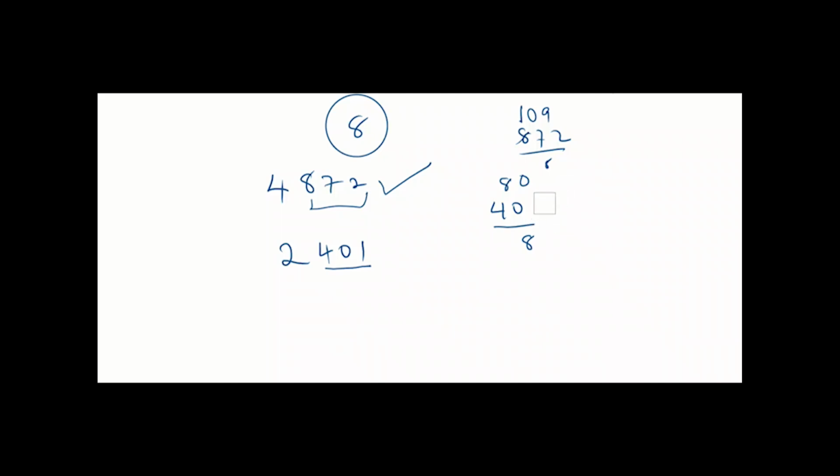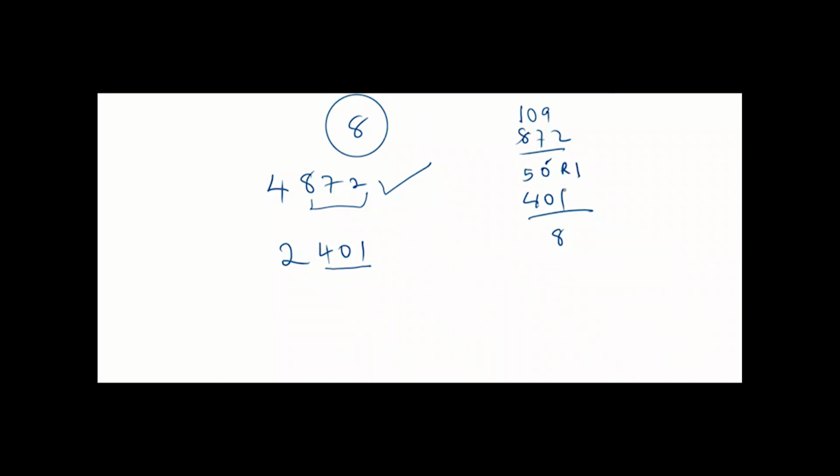So you have to check if 401 is divisible by 8. 8 goes in 4 is impossible. We pick 40. 8 goes in 40 five times, as 5 times 8 gives 40. Then 8 goes in 1 zero times, remainder 1.